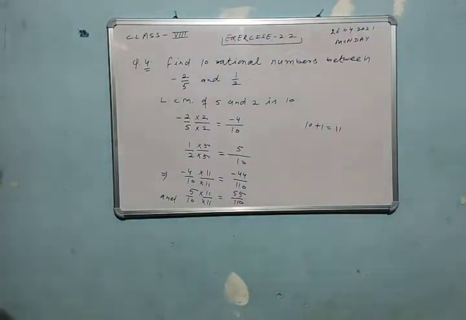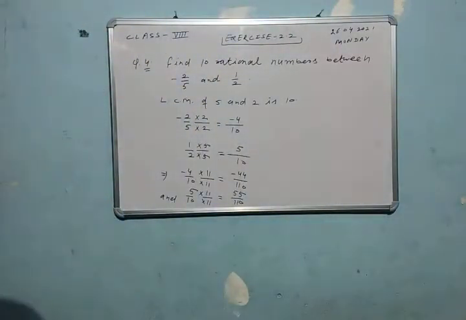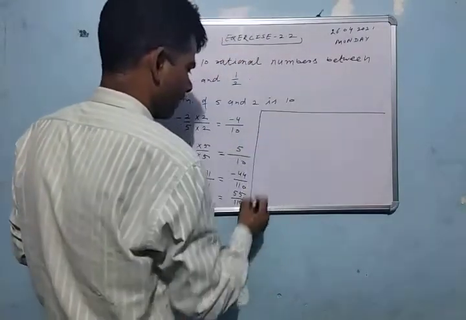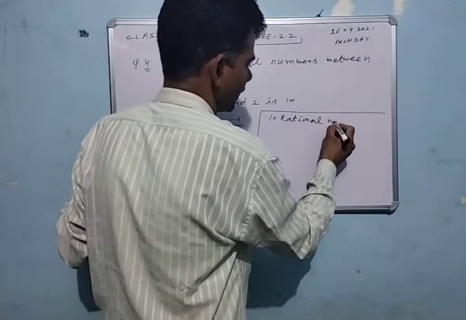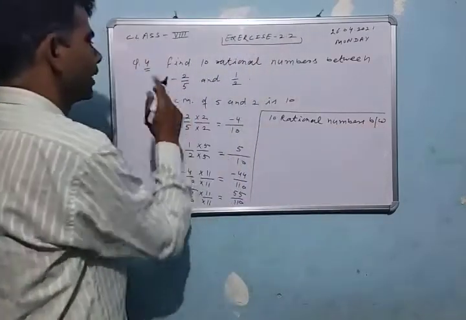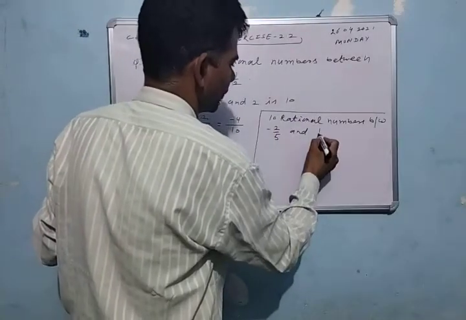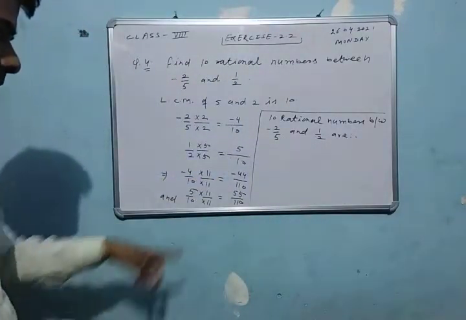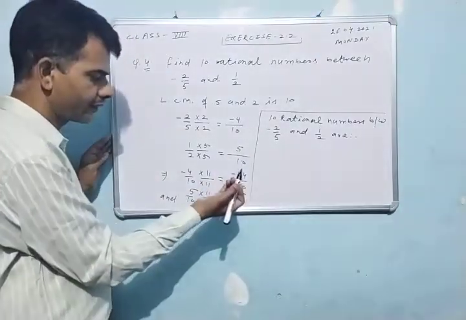Now students, the 10 rational numbers between minus 2 by 5 and 1 by 2 are: minus 44 and 55.